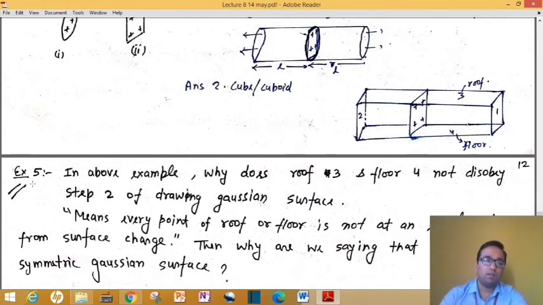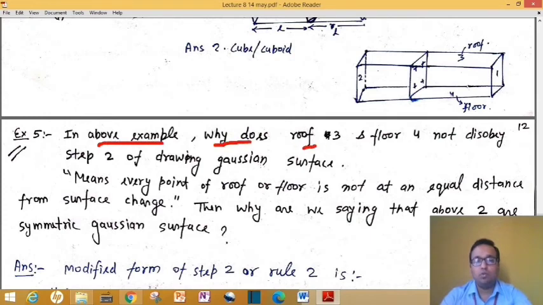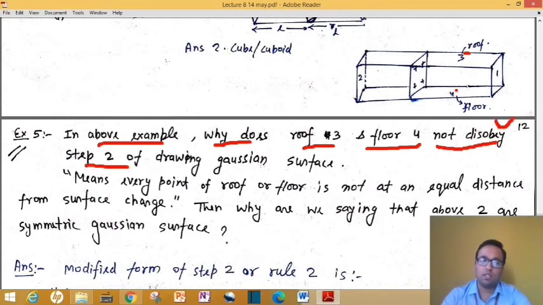Now see, this is a very important question, and this will clear all your doubt. In the above example, why does point 3 on the roof and point 4 on the floor not disobey step 2 of drawing Gaussian surface?